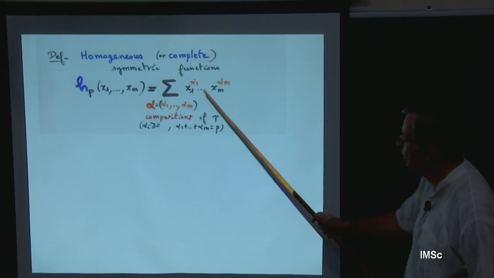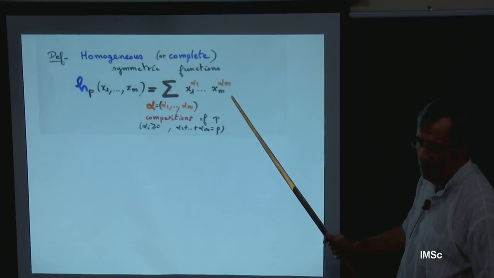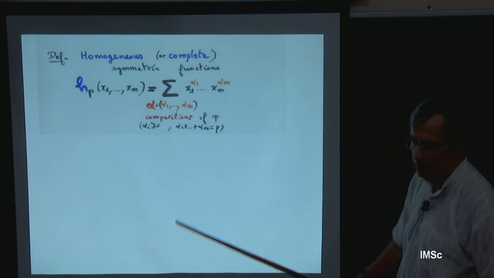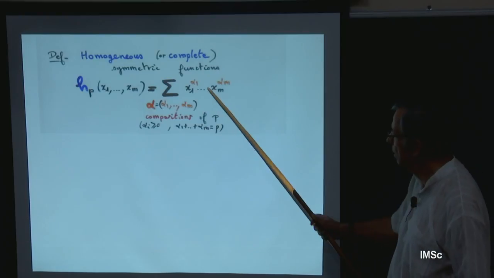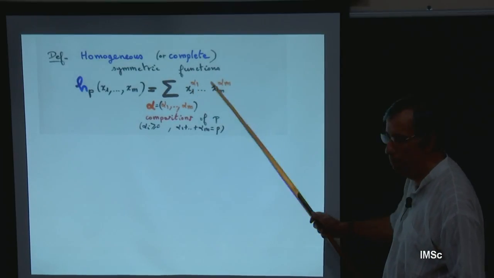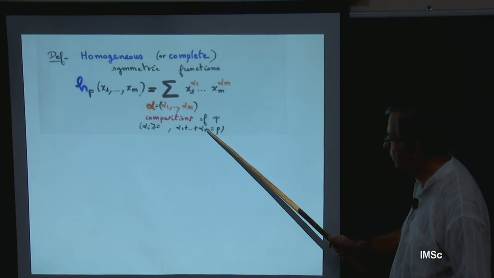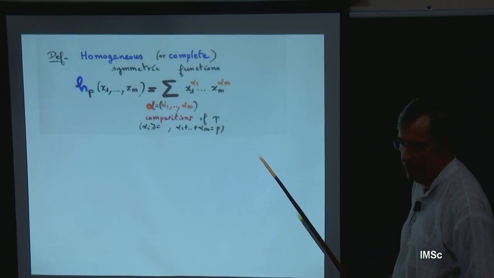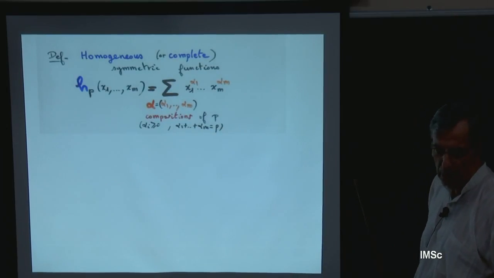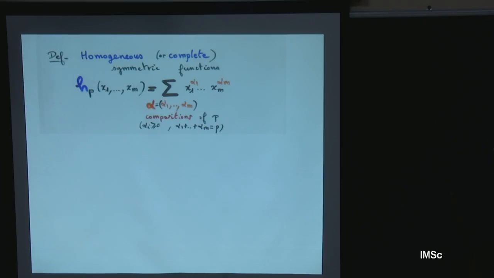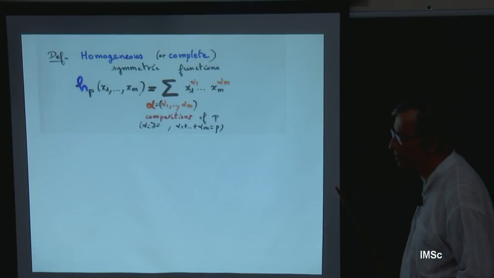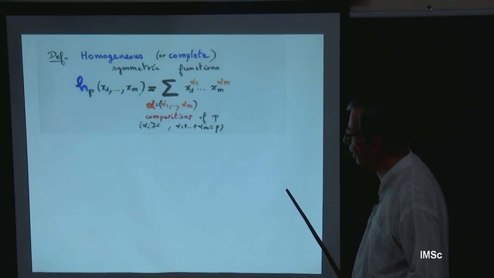And then for each composition, you take this monomial, and you sum over all possible compositions such that the degree of the monomial, the sum alpha 1 to alpha m, is p. So you fix the degree p, and you have a sum of all such monomials, and this is called the homogeneous or complete symmetric function h_p.